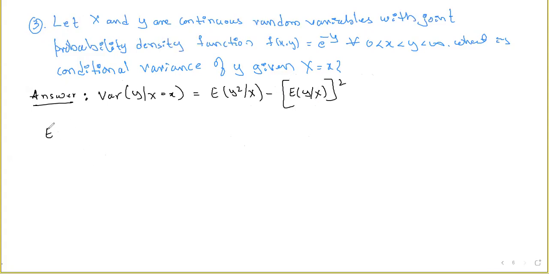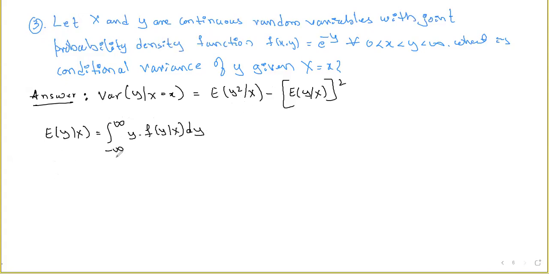Then to find expected value of y given x, what does the formula say? Our formula says integration minus infinity to infinity y f of y given x dy, right?